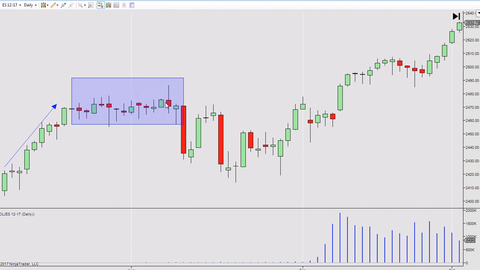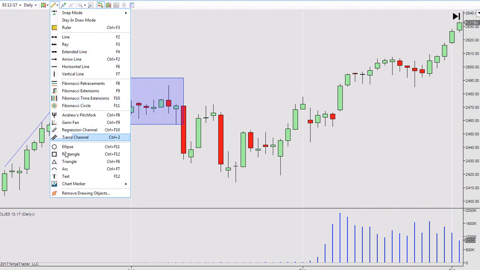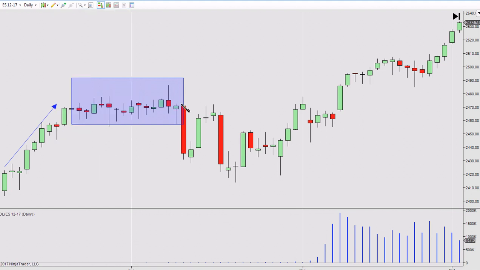Once we go from there, from this bar, we can see a section of price action which is just demonstrably different.